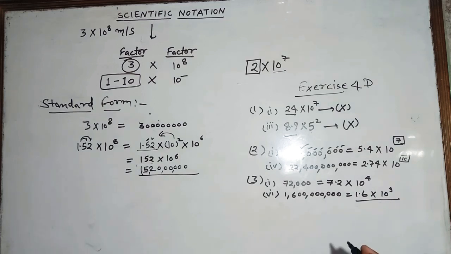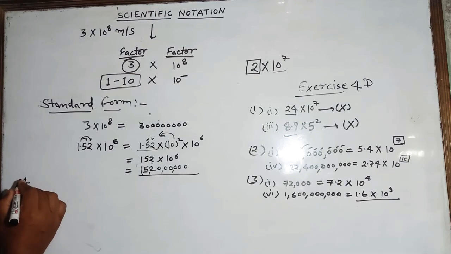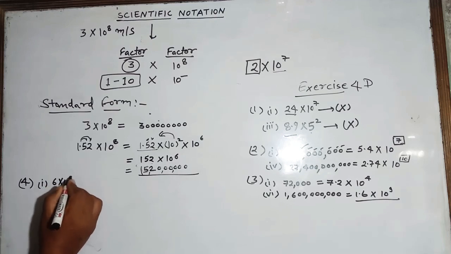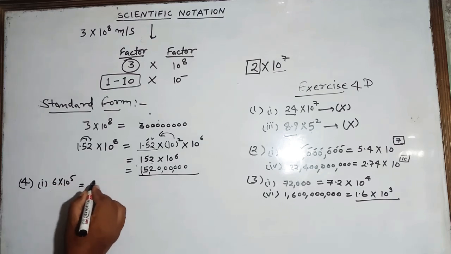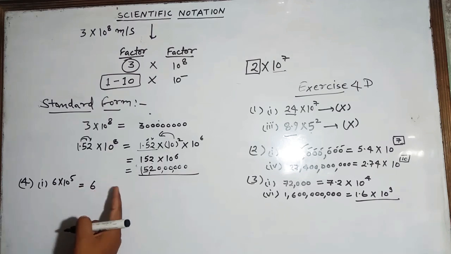Now come to question number 4. That is, write the number in standard form. You have to do the opposite in this question number 4. You have to write the standard form. The first part is 6 into 10 to the power 5. So what will be the standard form? 6 and 10 to the power 5 means 5 zeros you will place, meaning you can do into 10 into 10 into 10.